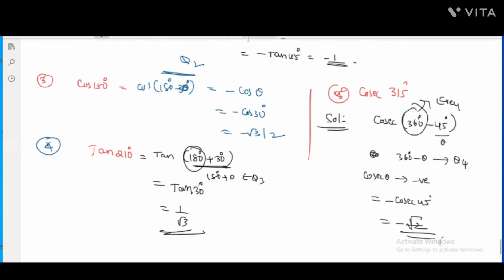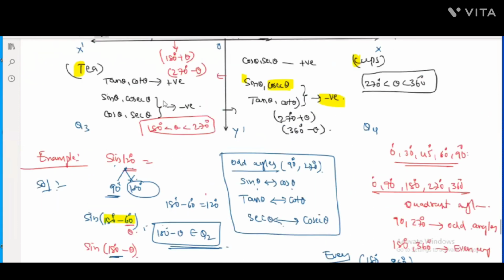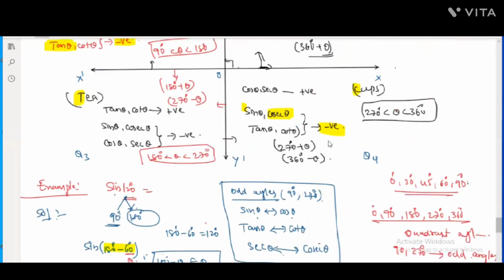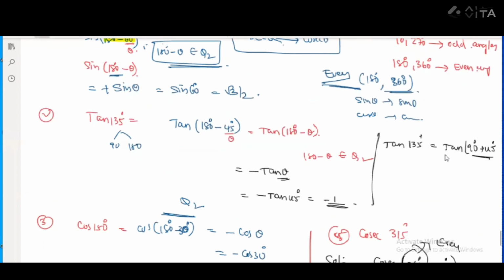There is another way to solve the same questions. How can we solve question number 2 this way? Even tan 135, I can write as tan of 90 plus 45. Here this is an odd angle, so tan will be changed to cot.